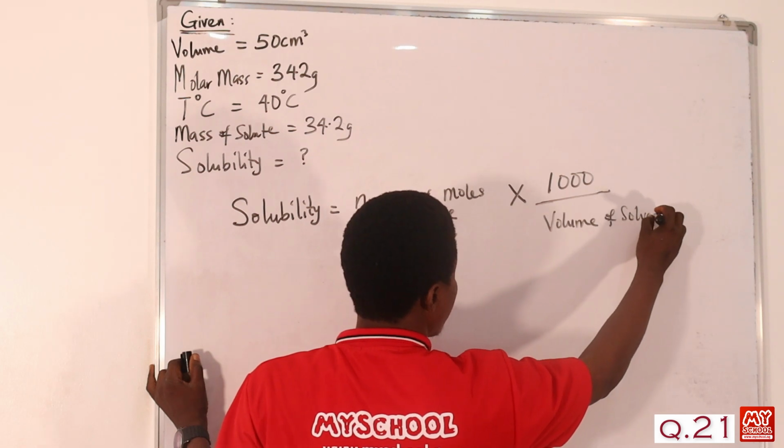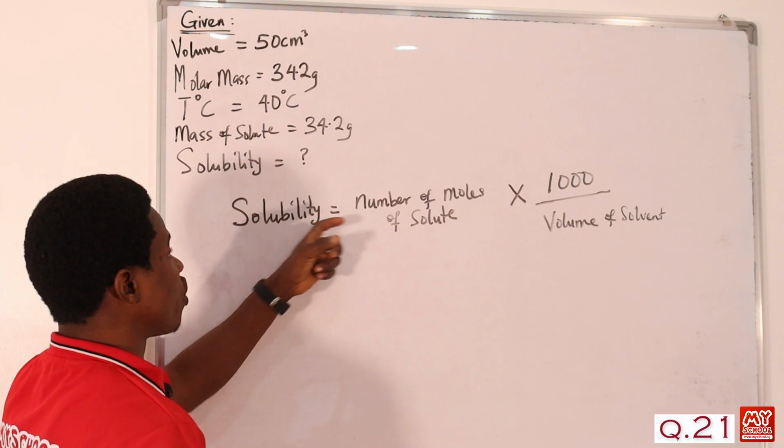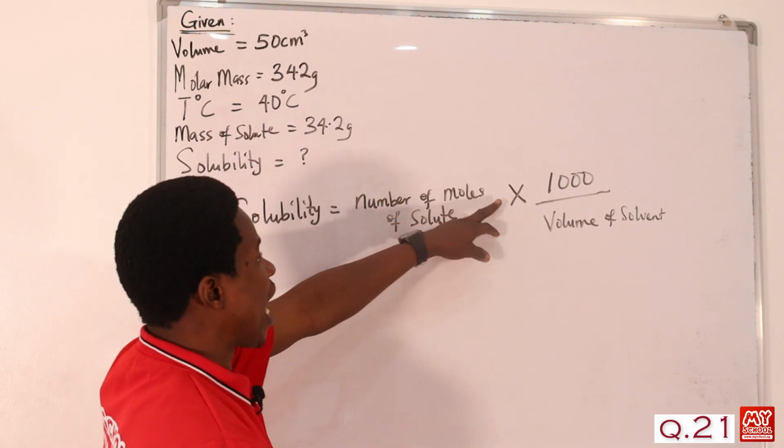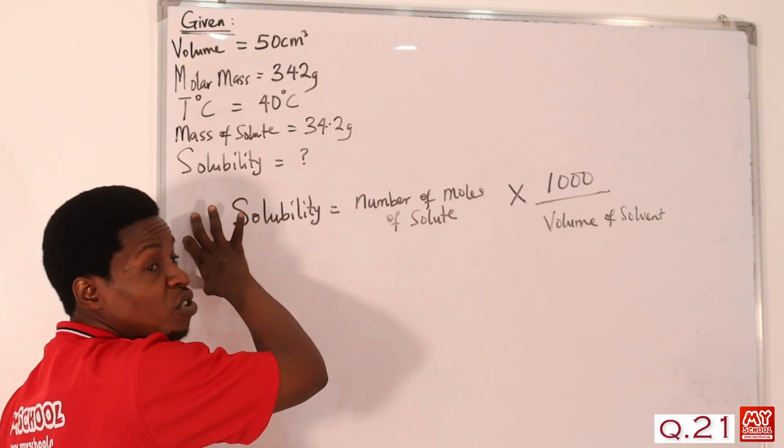In this case we have the solution given, the volume of the solution. So solubility is equal to number of moles of solute times 1000 over volume. That is the formula for finding solubility.